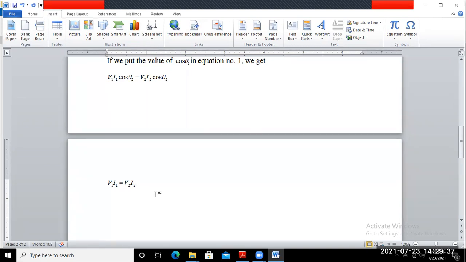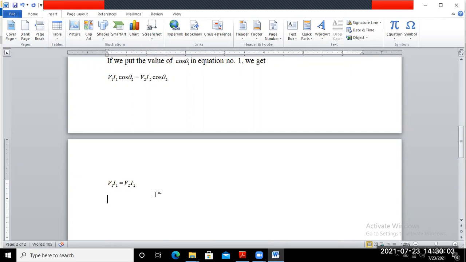So voltage is directly proportional to number of turns. If you remember the conventional two winding relation, I2 divided by I1 equal to N1 by N2, that is the turns ratio.